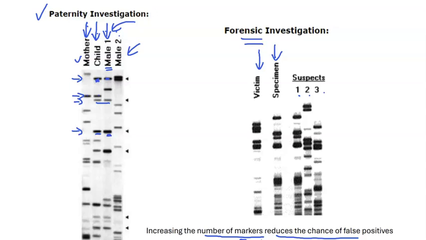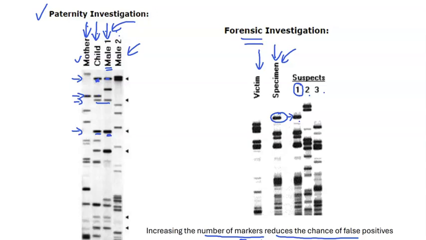Now, of course, the purpose of the victim's DNA sample is to eliminate their DNA from the specimen, which could have happened by contamination. And so as we go through the comparison once more, notice that the specimen from the crime site matches this one here, suggesting that suspect 1 may have been at the crime site.